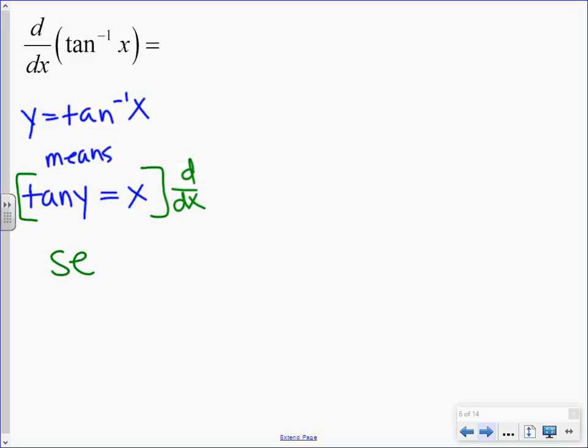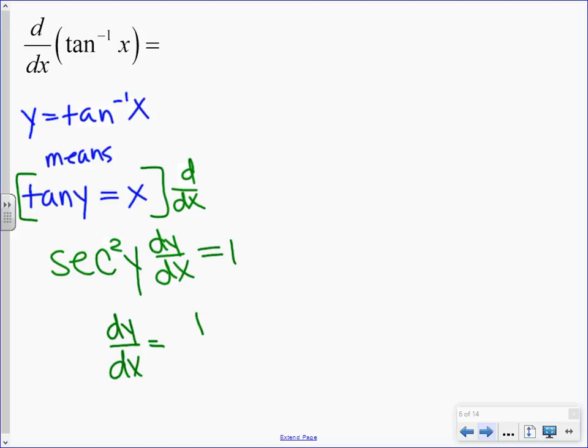Secant squared y. Good, dy dx. Equals, what's the derivative of x with respect to x? 1. So dy dx is 1 over secant squared y.